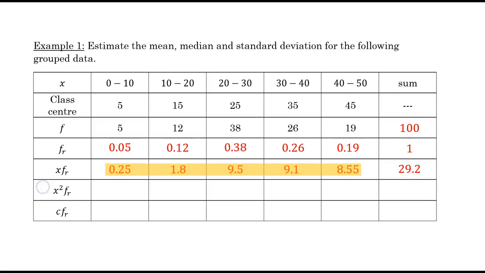Add that row together, I get 29.2. So that's telling me that at any particular point in time, if I randomly test my tank, generally I could expect to have 29.2 kilolitres of water in there. That's not always going to be the case, but that's my expected value or mean value.